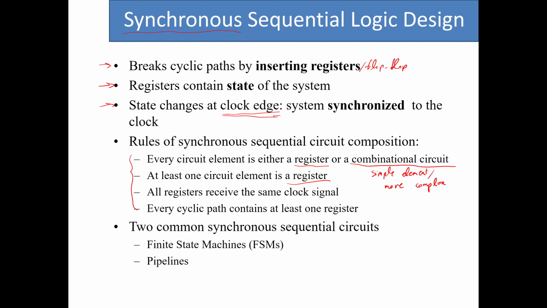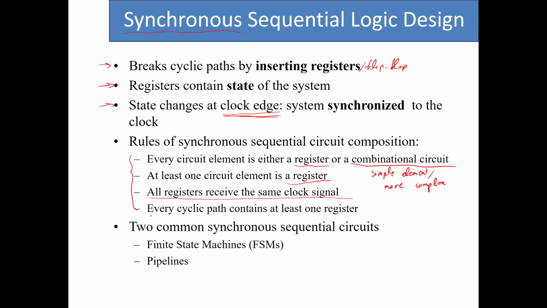This is very important. The inclusion of registers and flip-flops helps us to synchronize everything with the clock edge. The third follow-up rule is that all the registers must receive the exact same clock signal, so every state restoration happens on the edge of the clock.